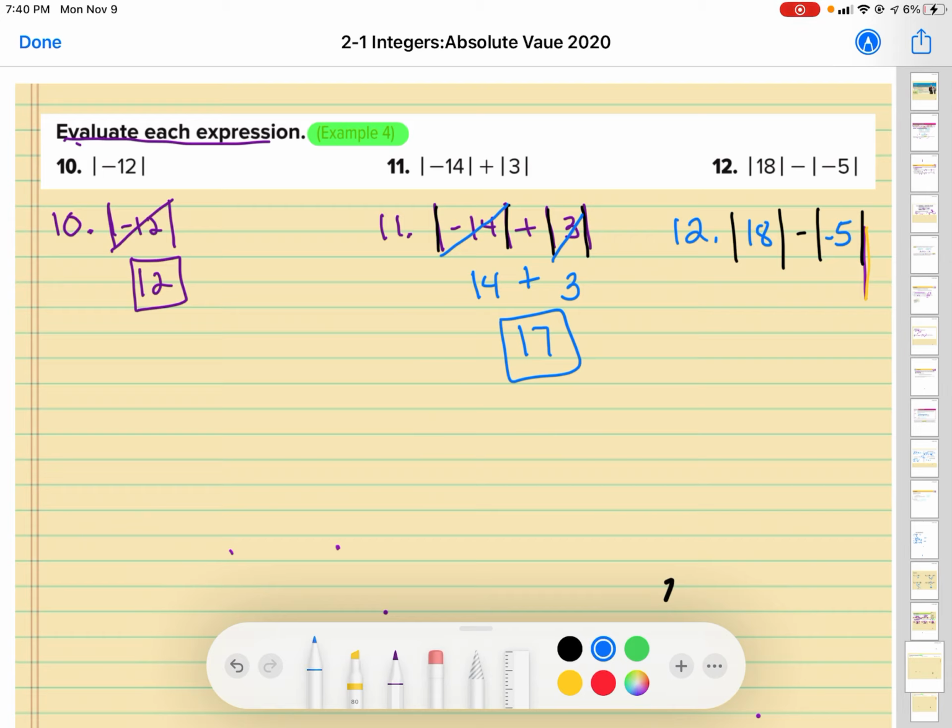Alrighty, so the absolute value of 18, bring down my minus sign. Absolute value of negative 5 is 5. 18 minus 5 is 13. All right. Hope you did well. Make sure you keep these so you can refer back to them later.